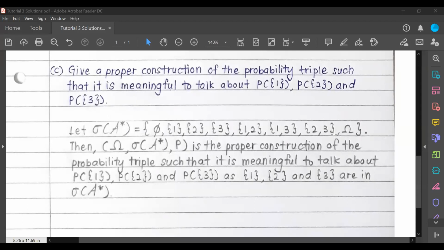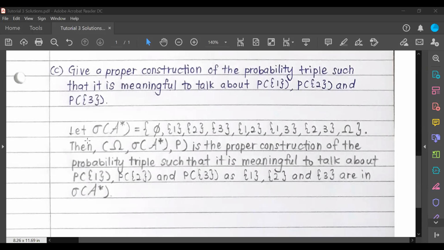This is because you can see all the elements are closed under complementation and also countable unions. So I have this as my probability triple. I say that this is the proper construction such that it is meaningful to talk about the probability of {1}, {2}, and {3}, as {1}, {2}, and {3} are in the sigma field A star.